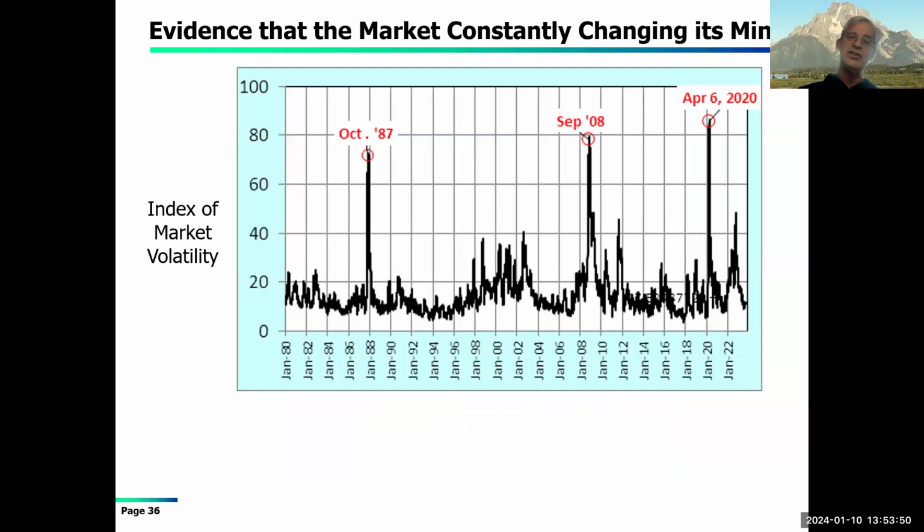And when you just graph how volatile the stock market is, this is, again, I think, the S&P 500, looking at the volatility in the series, you see a great deal of volatility and occasionally a huge increase in it.